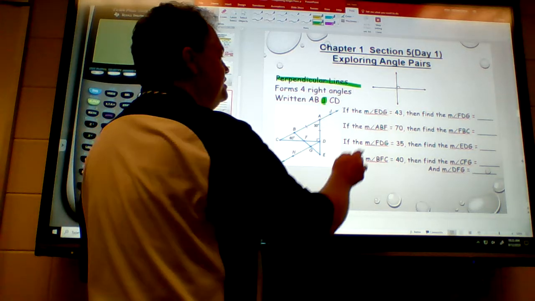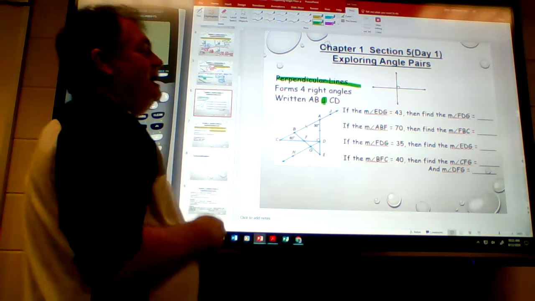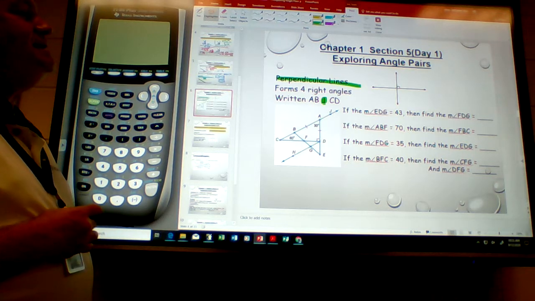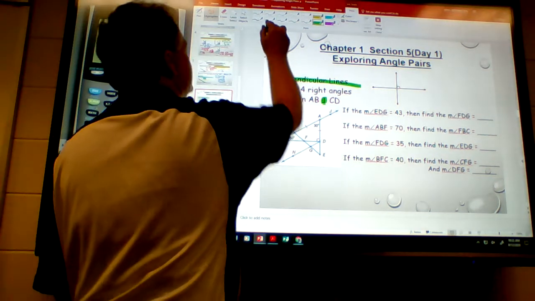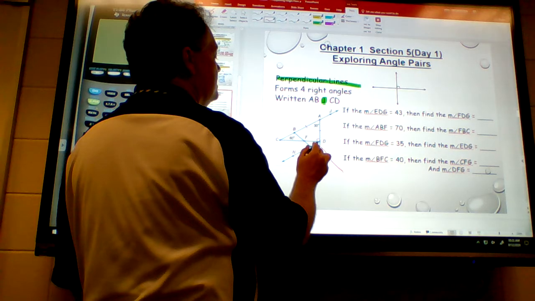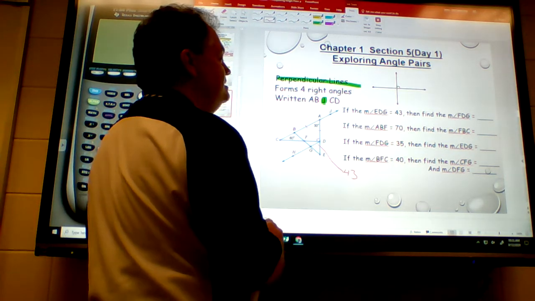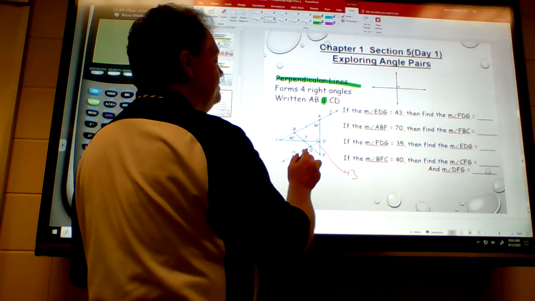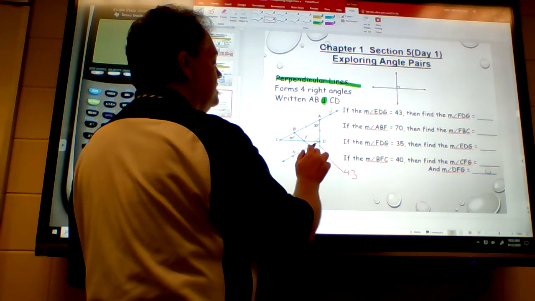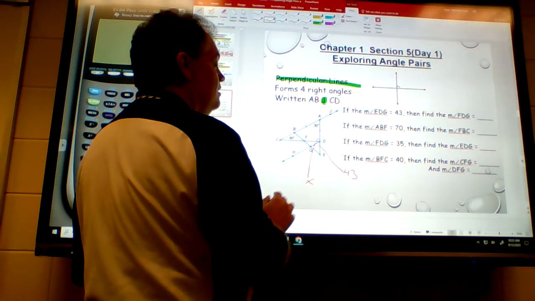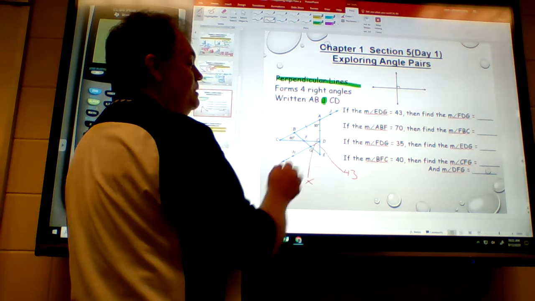Now, each of these has a different set of circumstances. So if the measure of angle EDG, that's this angle right here, let's say it's 43 degrees. And I want to determine the measure of angle FDG, which I'm going to say is right there, and we'll call that X. Now, here's what we know.